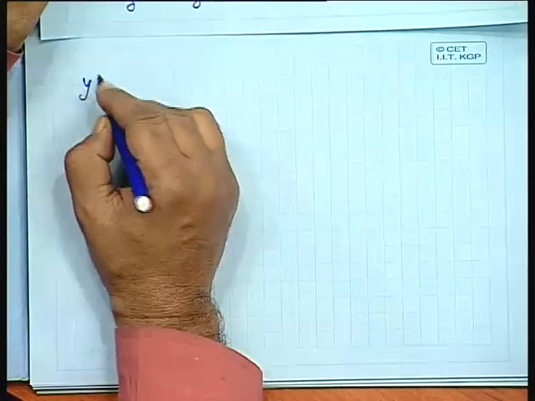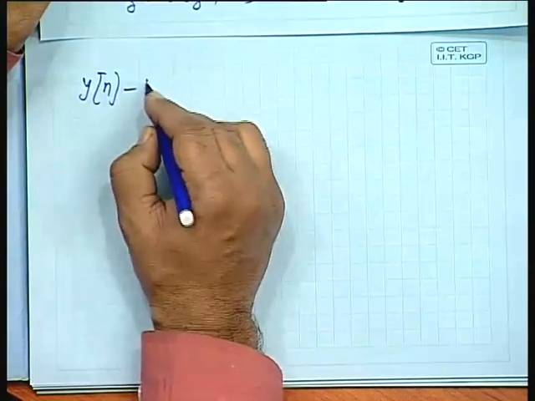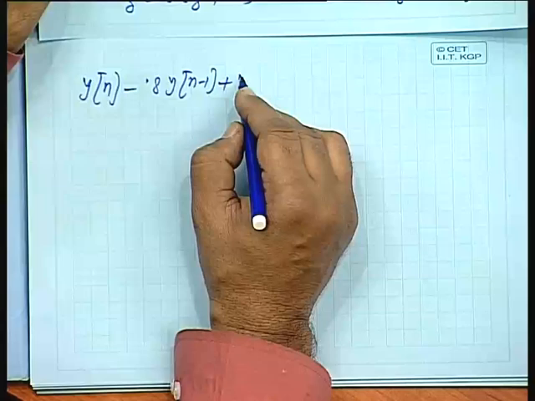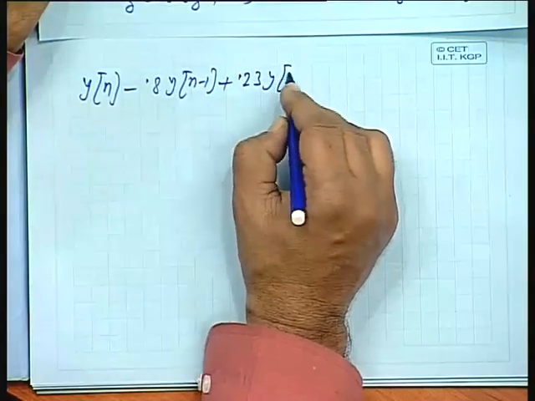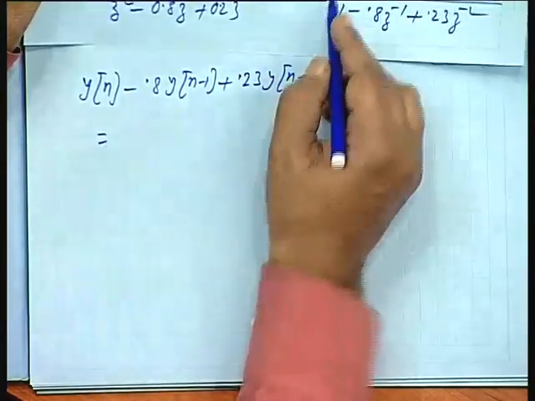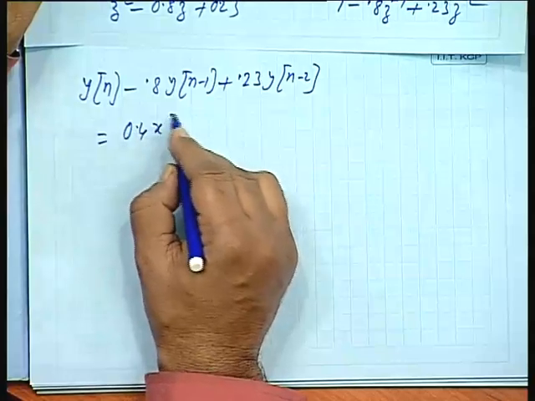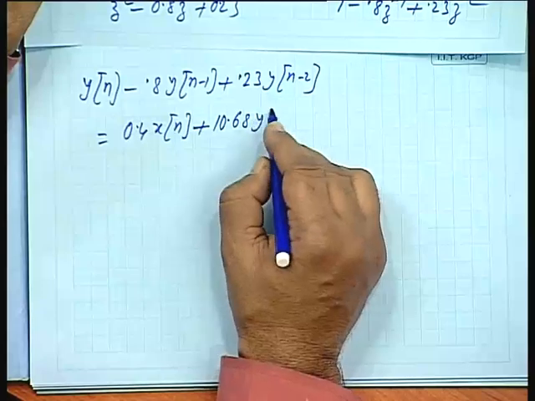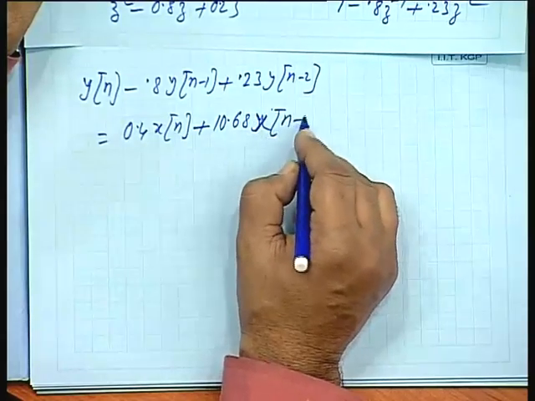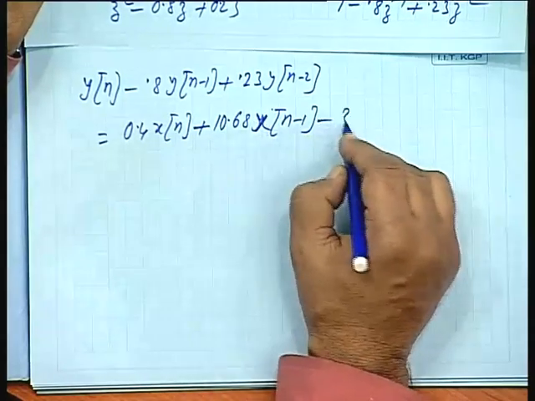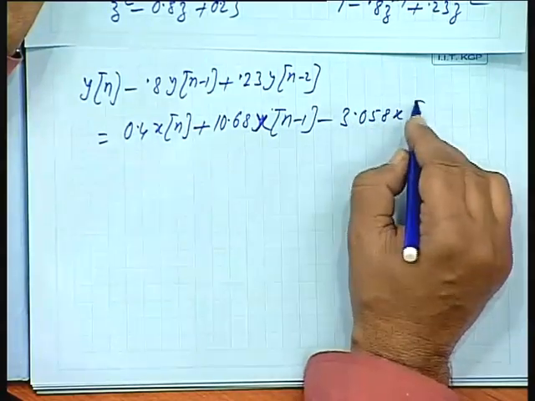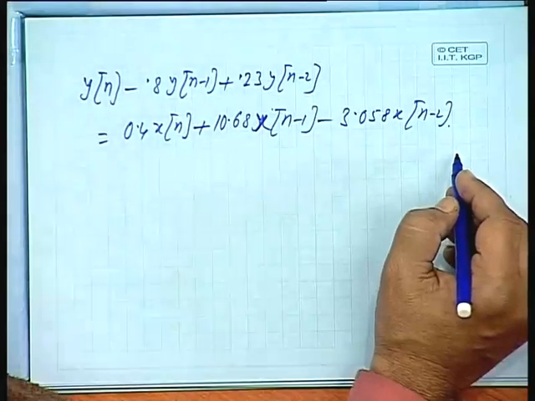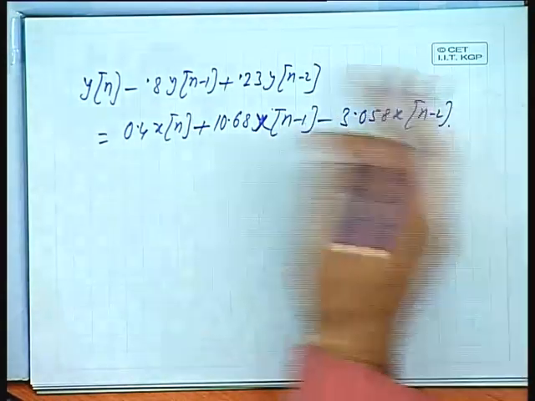So, yn minus 0.8 y(n minus 1) plus 0.23 y(n minus 2) is equal to 0.4 xn plus 10.68 x(n minus 1) minus 3.058 x(n minus 2). Is that all right? So, this is the difference equation you get after taking Z transform and then breaking it up.